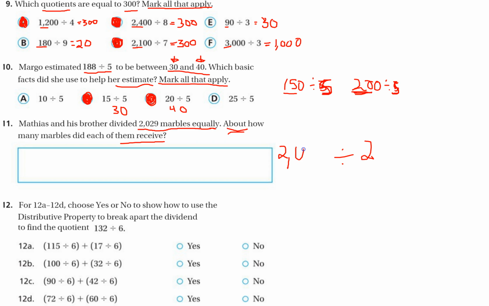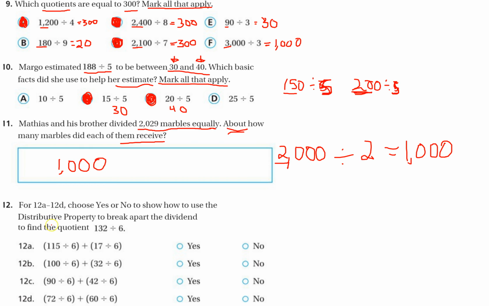Is 2000 close to 2029? Yes, it's very close. 2 goes into the 2 one time, just 2 divided by 2, and then I ignored 3 zeros. So about how many marbles did each of them receive? About 1,000 each.